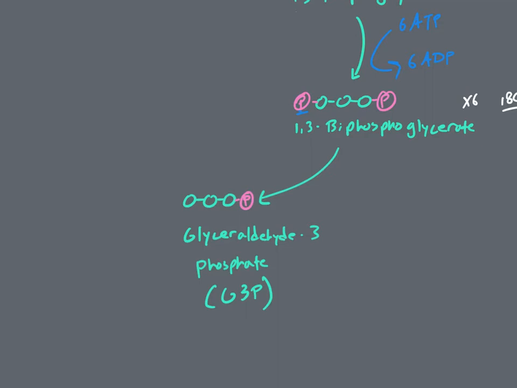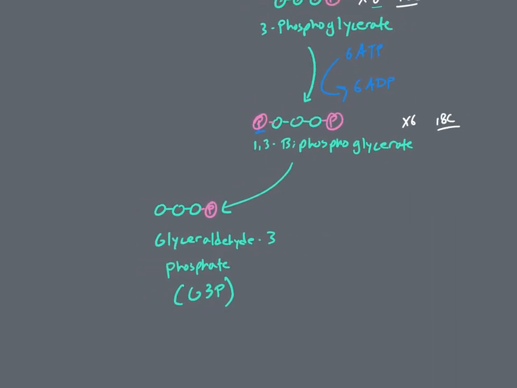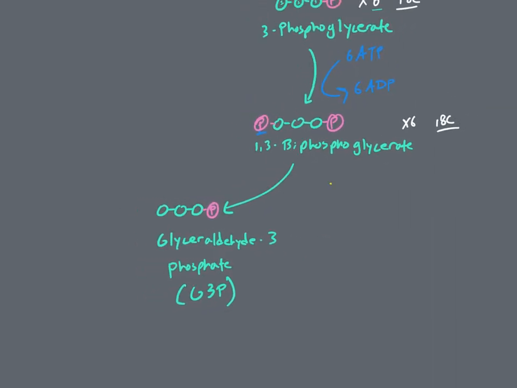In order to facilitate this change, 6 NADPH are going to be used, releasing 6 NADP plus, 6 hydrogen ions, and 6 phosphate groups.